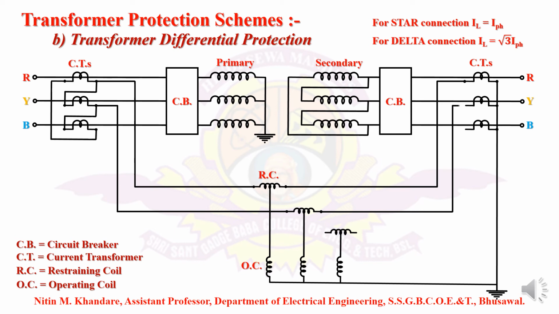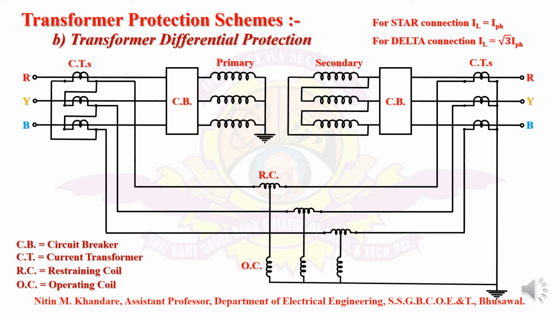So these are the connections of the restraining coils along with the six CTs, three on the primary side and three on the secondary side. And one thing, for adjusting that root 3 value, we have connected the CTs on the star side in delta, whereas the CTs on the delta-connected secondary in star.